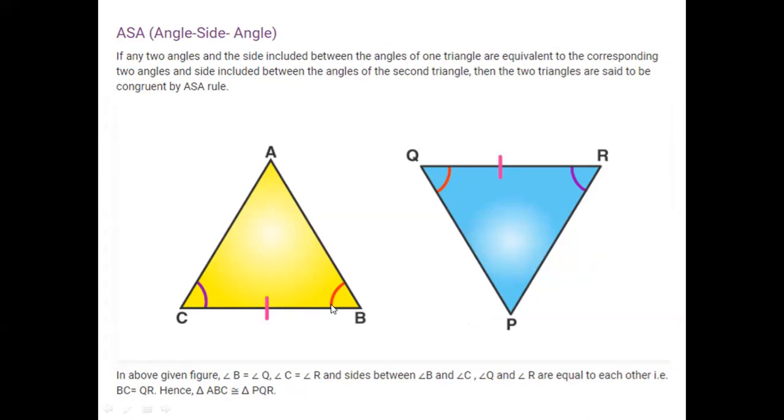And then we have the angle on the end of that side, the angle B, equals the angle Q. If this is true, that means that this side is also equal to the other one, and the AC side will be equal to RP. So if we prove this, we will prove that the triangles are equal.